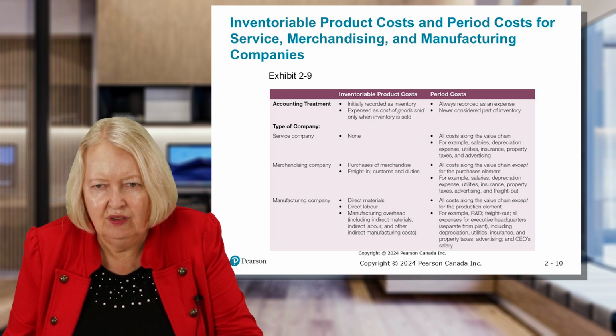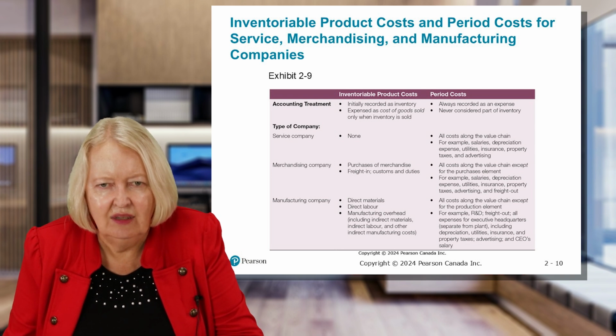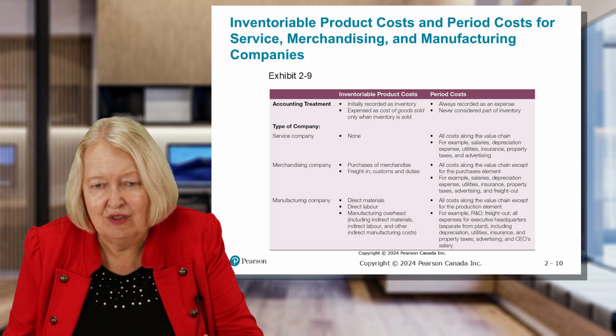And then all of the other costs, such as salaries, depreciation, insurance, property tax, would be period costs. And the final category, a manufacturing company, has the more complex inventoriable costs.